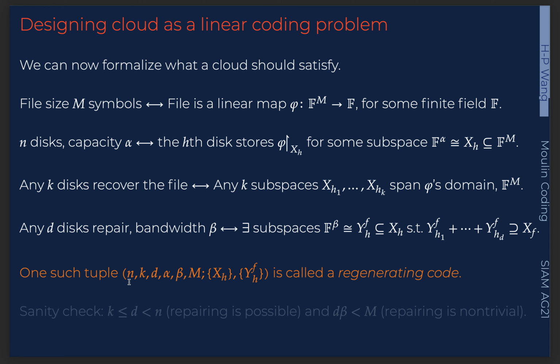One such tuple, n, k, d, alpha, beta, m, X_h, Y_h,f, is called a regenerating code. It is regenerating in the sense that the disks can regenerate an erased disk.